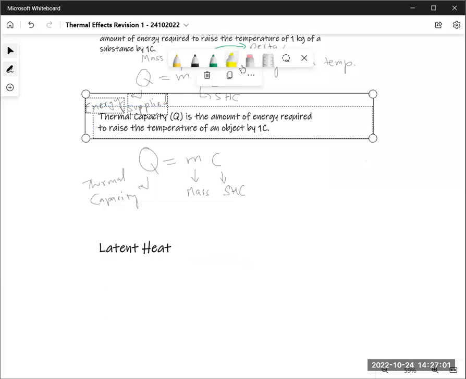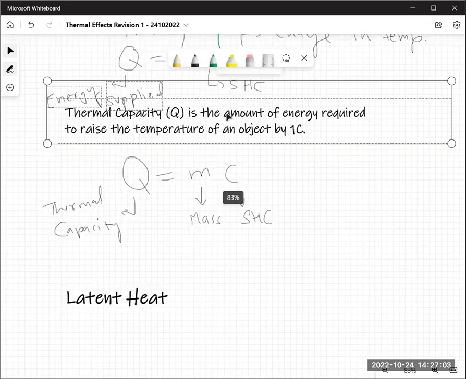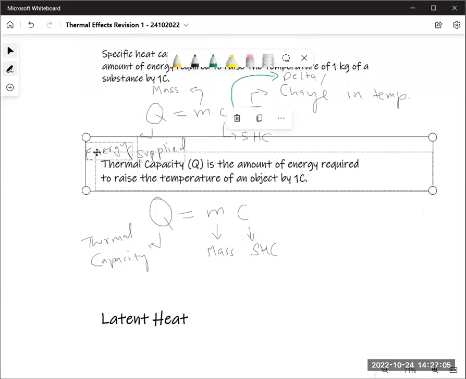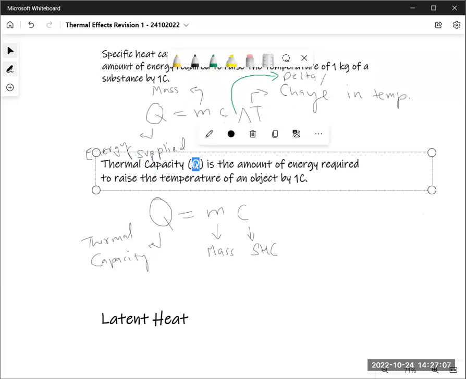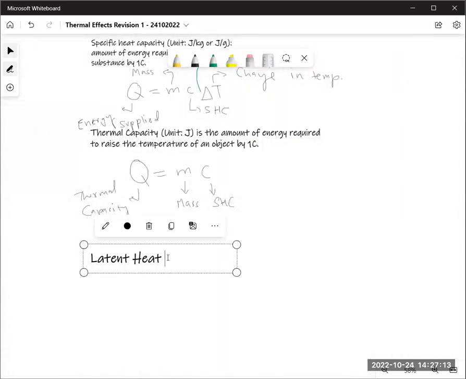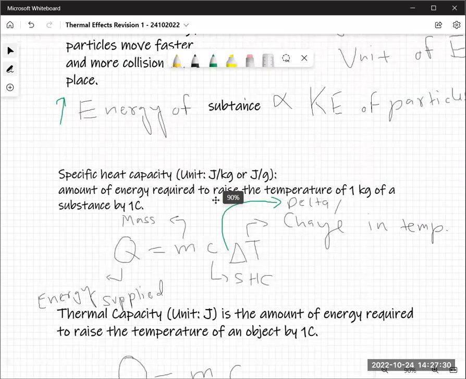The unit for thermal capacity, by the way, is joules. Write that, because half a mark, 1 mark is for the unit in the exam. Even if you have the correct answer, if you don't write the unit, you won't get any marks. Latent heat unit is joule. One thing is missing in specific heat capacity.